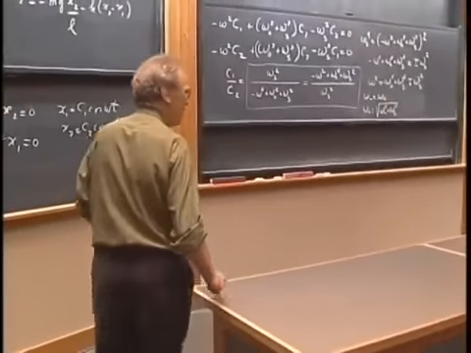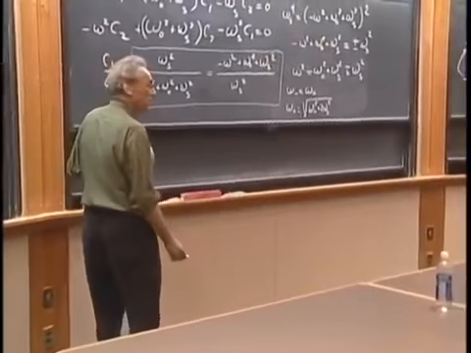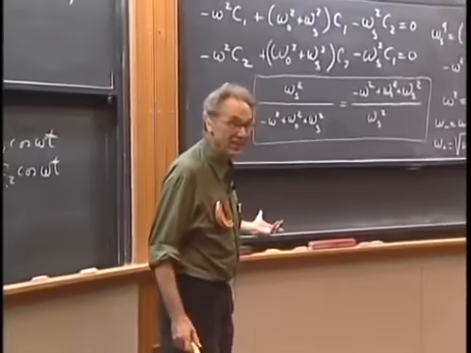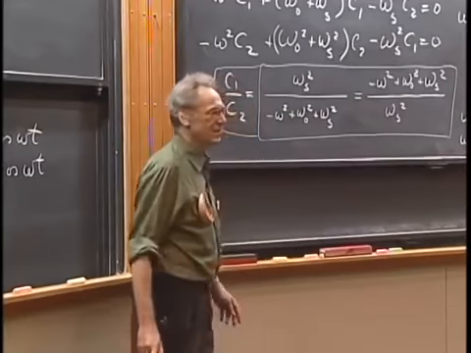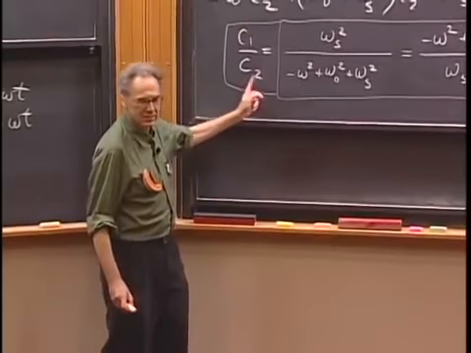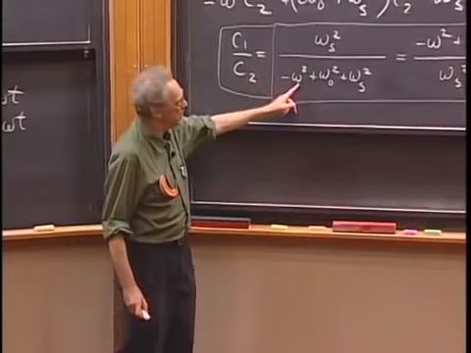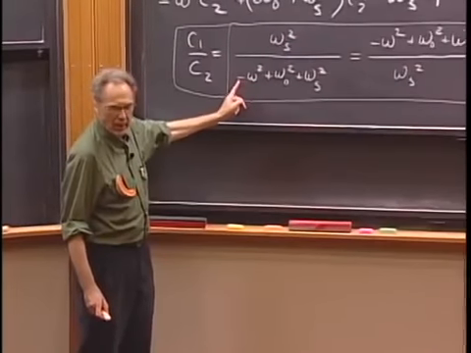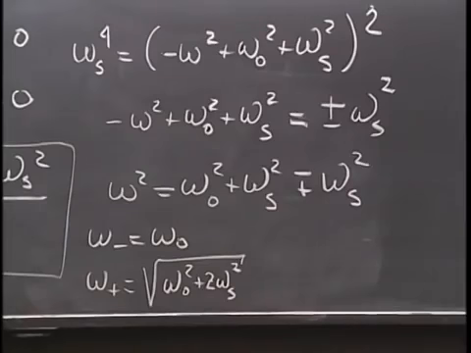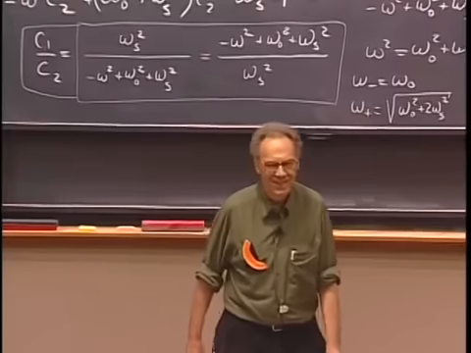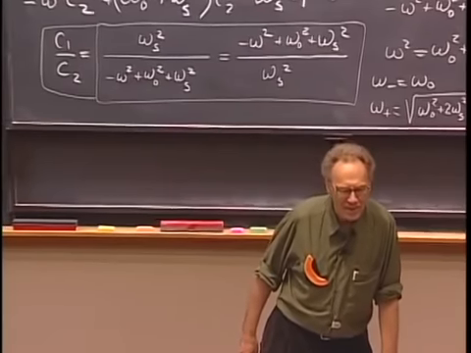I said we're going to eliminate C1 over C2. You think C1 over C2 likes to be eliminated? Let's call it back. And look at this equation. Substitute in here for omega squared, substitute in omega minus. Then you get an answer for C1 over C2. What do you think that answer is?